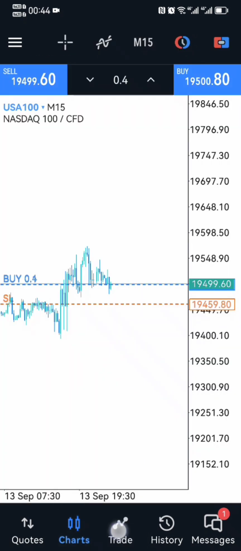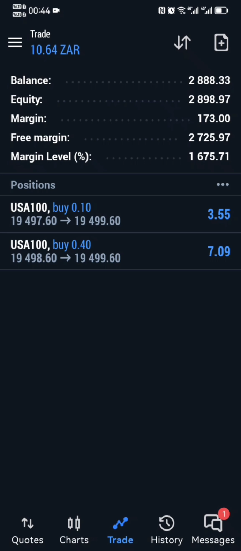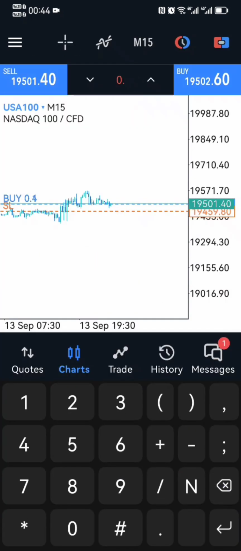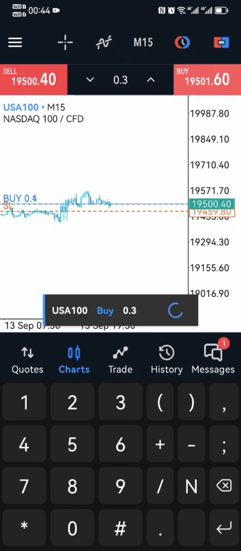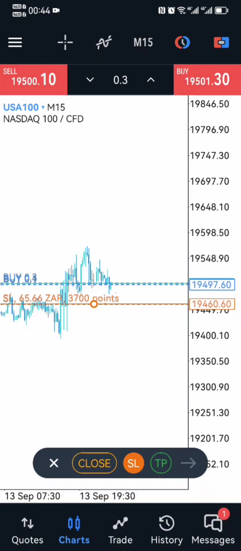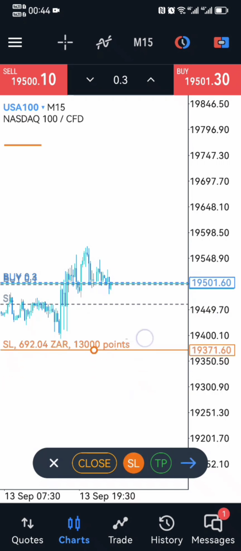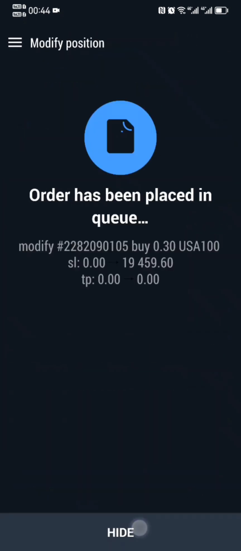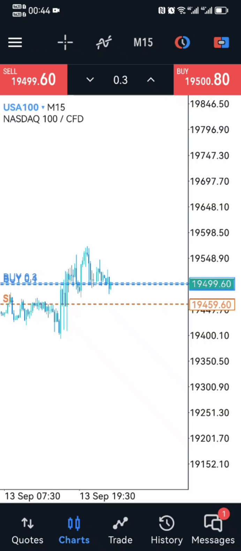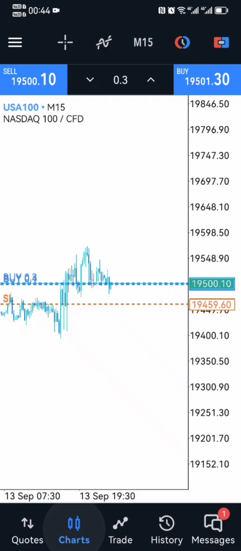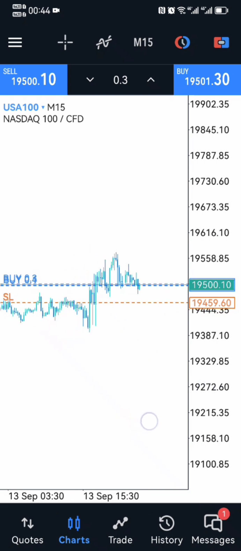Because I already have 0.10, I'm just gonna make it 3, so that we keep our risk proper. Yes, so if we do take a loss, that's about 500 rand loss. So this is the first trade for the week, which is a buy for us.